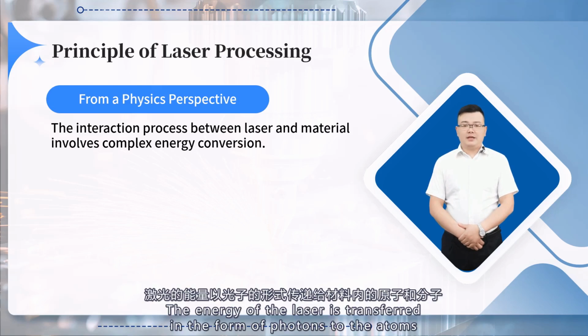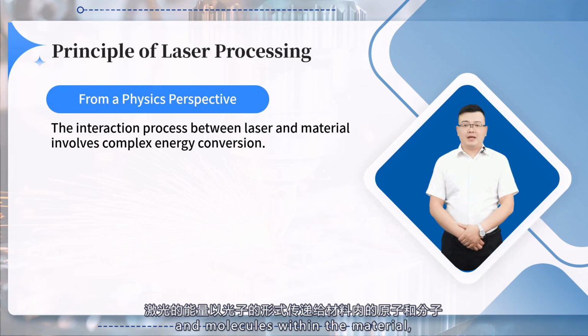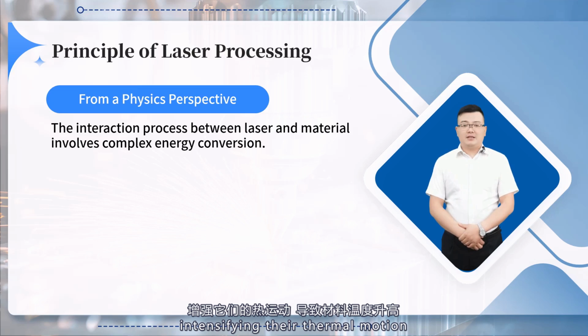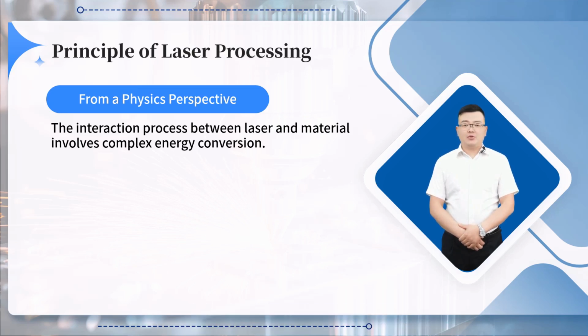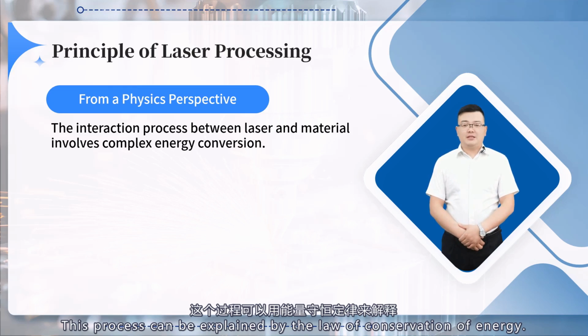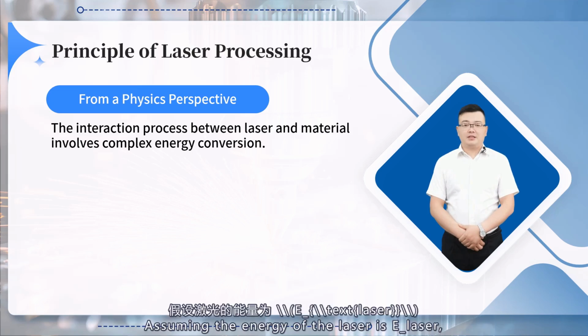The energy of the laser is transferred in the form of photons to the atoms and molecules within the material, intensifying their thermal motion and causing the material's temperature to rise. This process can be explained by the law of conservation of energy.